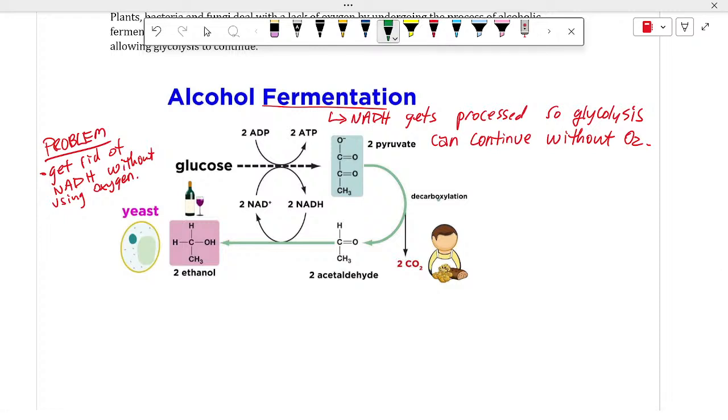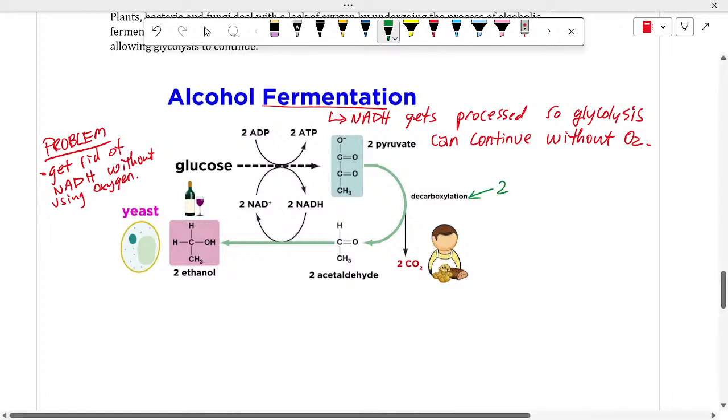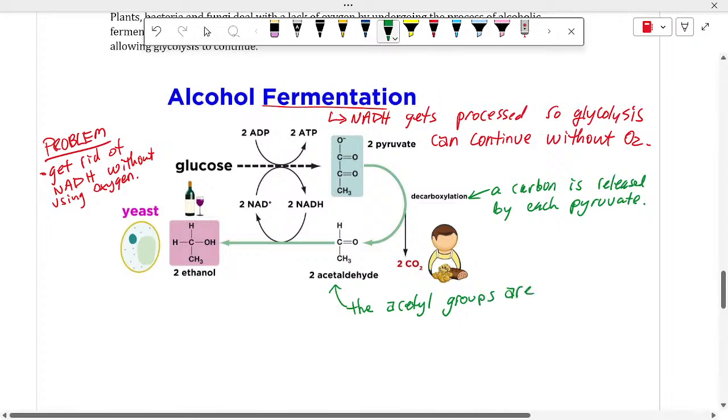Well, the answer is that a carbon is released from each pyruvate. And that leaves us with two acetyl groups. And then the acetyl groups are processed into ethanol.